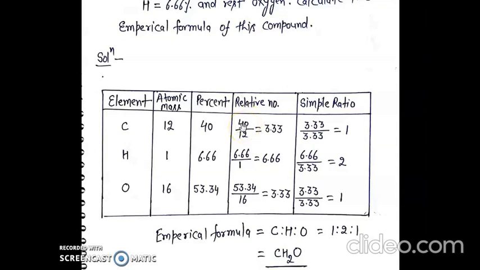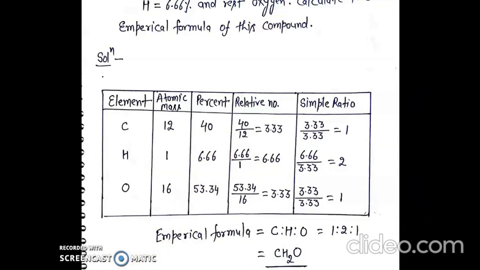Here 40 is the percentage of carbon divided by 12, the mass of one carbon atom, and we get the relative number of carbon, that is 3.33.